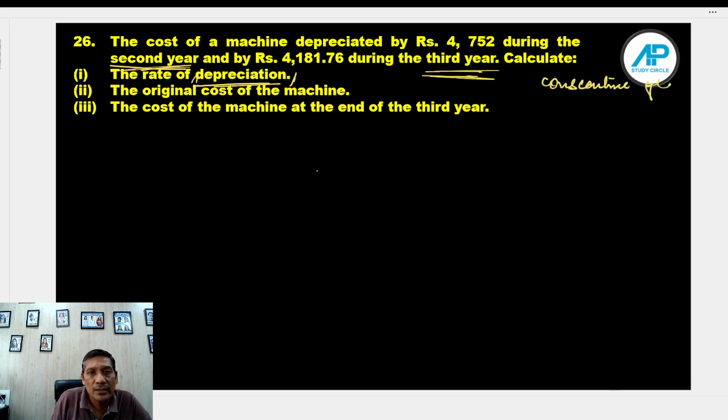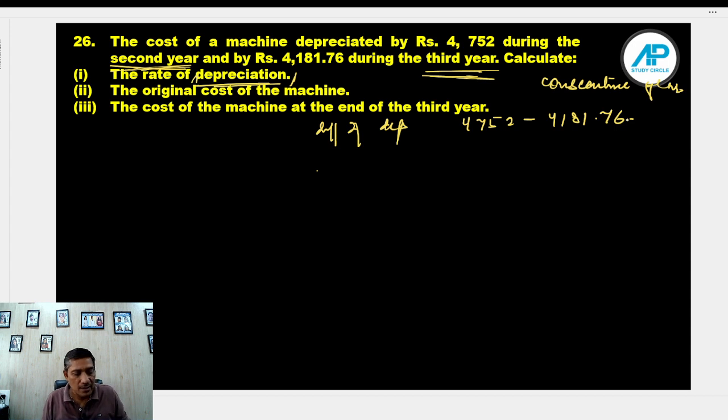Now, when they are consecutive years, we should find the difference of depreciation, and that is 4752 minus 4181.76. It is the same as in compound interest.